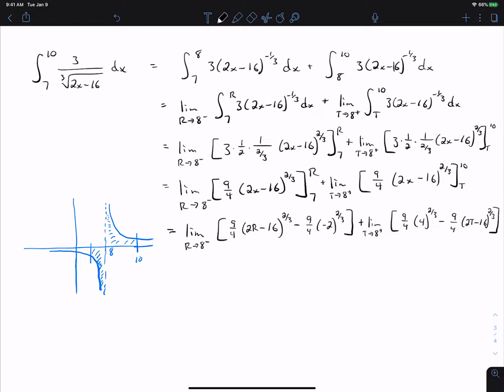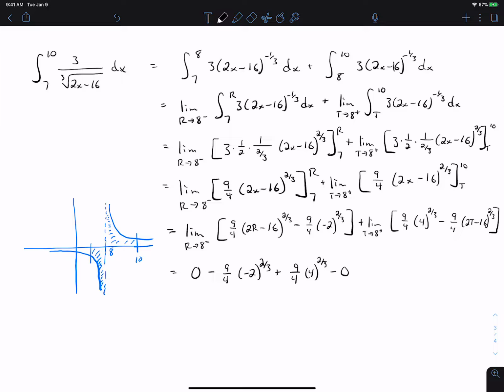Now as r approaches 8, 2r minus 16 from either direction approaches 0. So this first expression becomes 0 minus 9/4 times (negative 2) to the 2/3. And then on the second one, we get 9/4 times 4 to the 2/3 minus 0, because as t approaches 8, that last expression approaches 0.